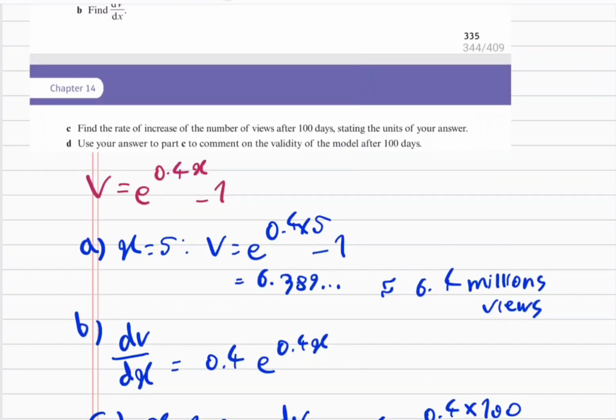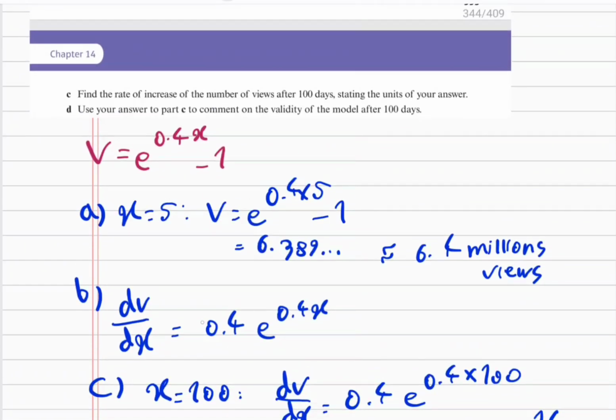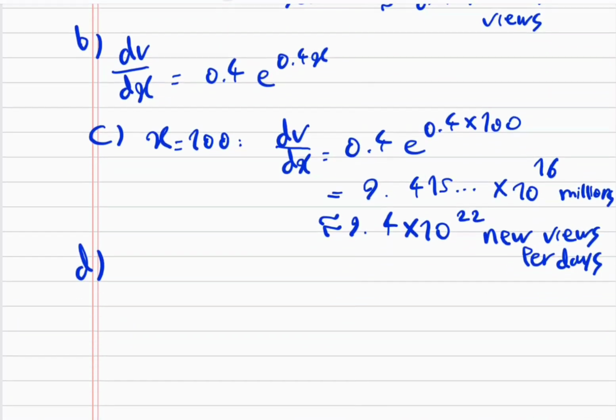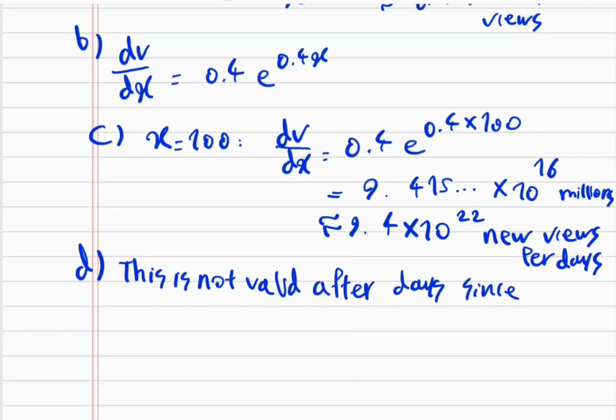And that's probably because the assumption is that we just have a constant exponential increase, but it's not correct. So we can say that this is not really valid after 100 days, because when we substitute 100, we get a very big number. So this is not valid after 100 days, since the number is too large.